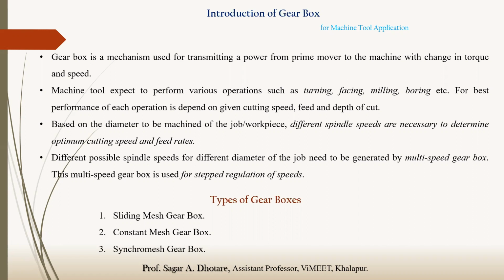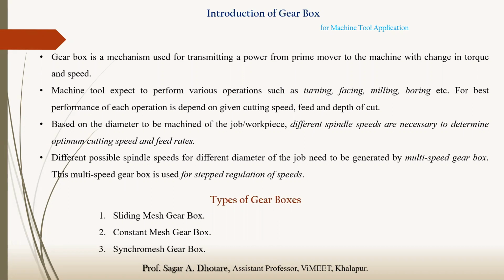The increase in torque from driving shaft to driven shaft is accomplished by reduction in speed. As we know, if we need higher torque, we need to reduce the speed, and that is possible only with the help of a gearbox.